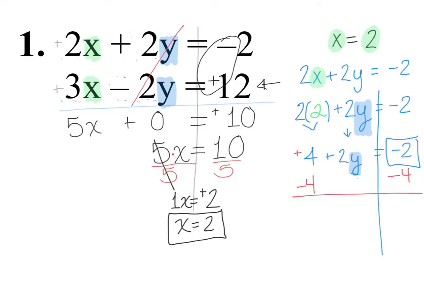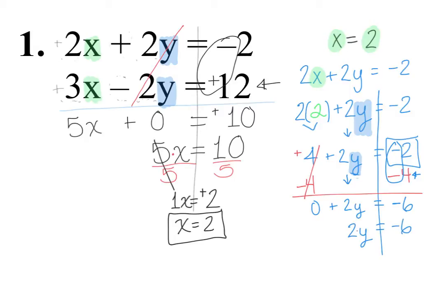4 minus 4 is 0. Drop down the positive 2y, and negative 2 minus 4, these are the same sign, so I have to add. 2 plus 4 is 6. Negative, keep the sign of the bigger number, so that's that 4, it's going to be negative. 0 plus 2y is just 2y, so I have 2y equals negative 6.